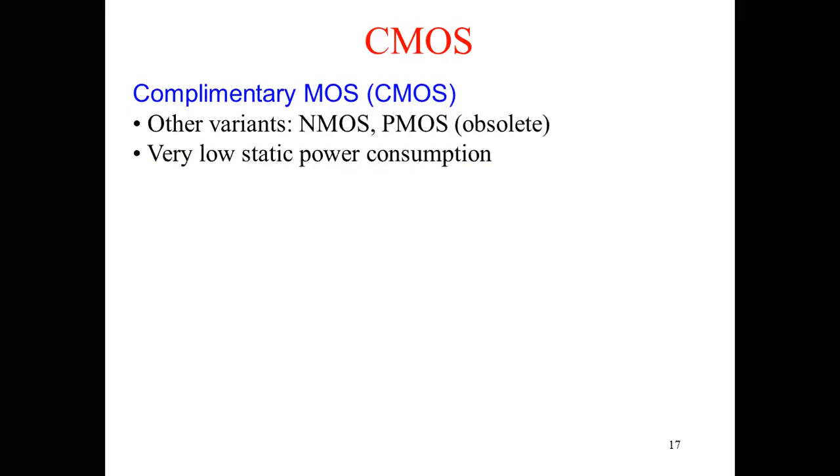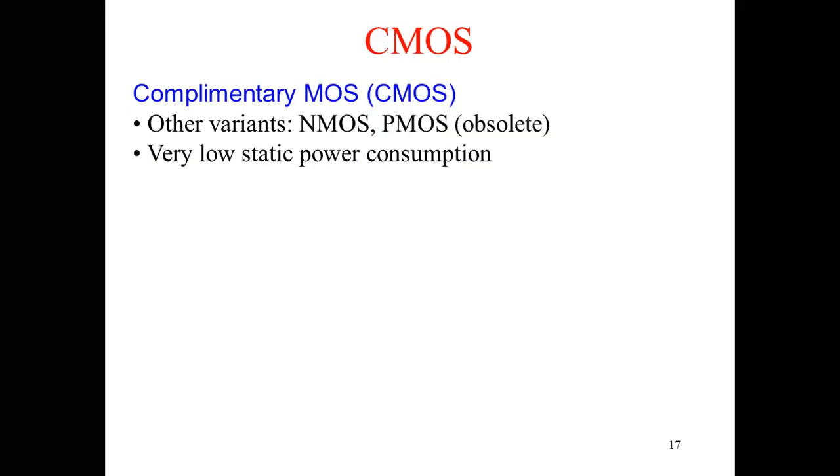Now comes the CMOS, which we are using widely in the current technology, as you have studied in your first year electronic circuits. It is complementary metal oxide semiconductor transistors, and other variants are NMOS and PMOS, which are almost obsoleted in digital design.